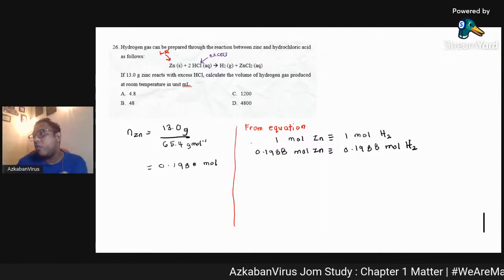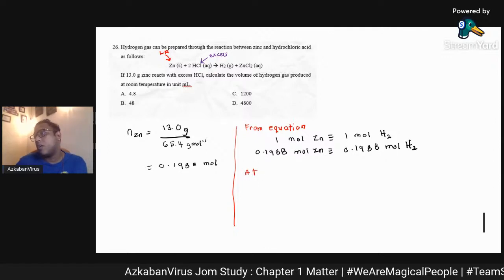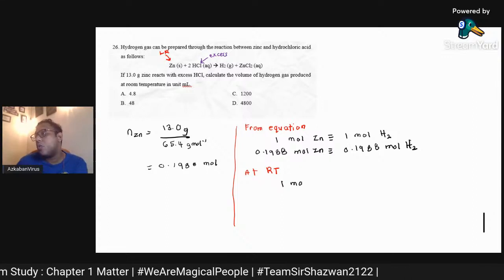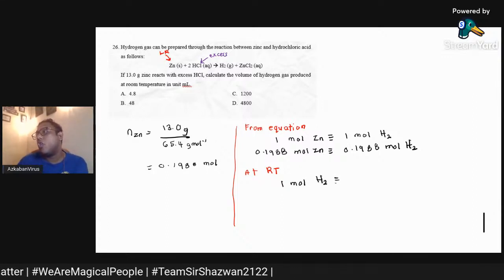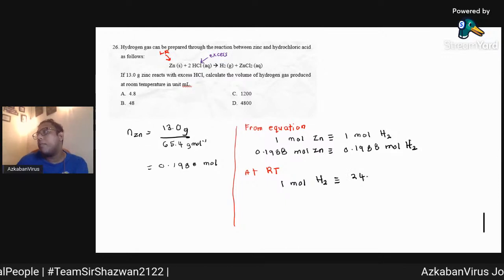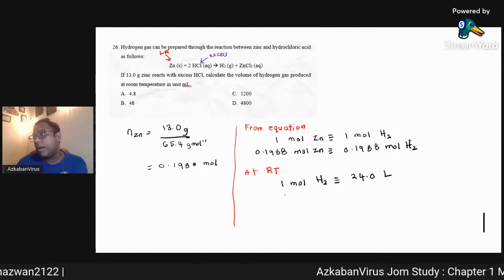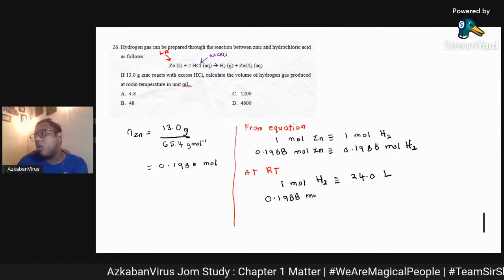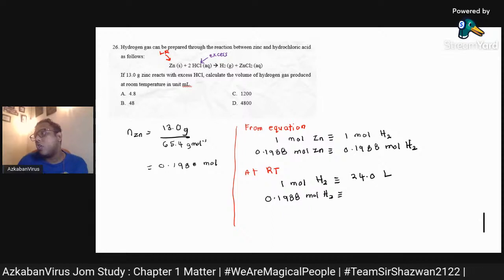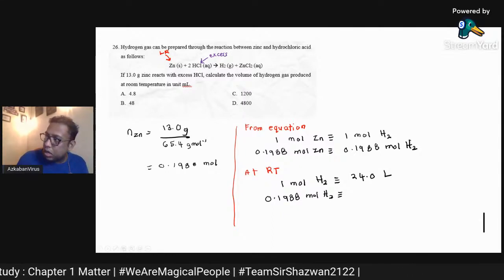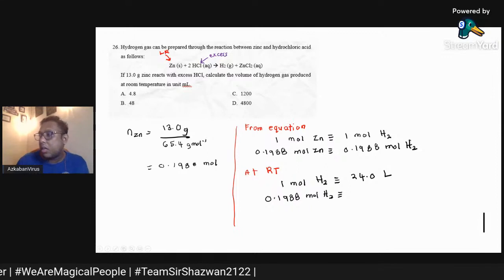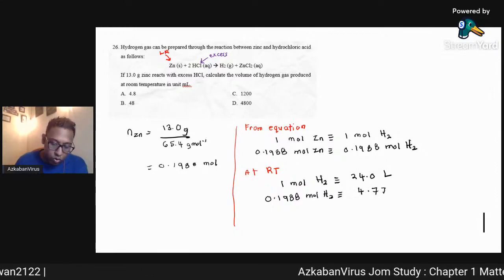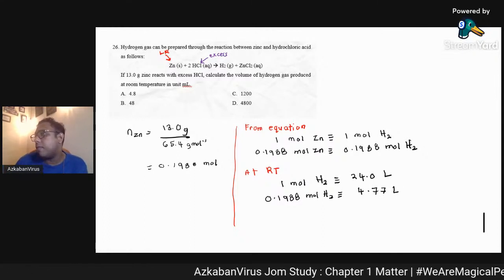We know that at room temperature, for every 1 mole of H2, dia akan occupy volume sebanyak 24.0 liter. Kalau kamu ada 0.1988 mole of H2, dia akan occupy volume sebanyak 4.77 liter.